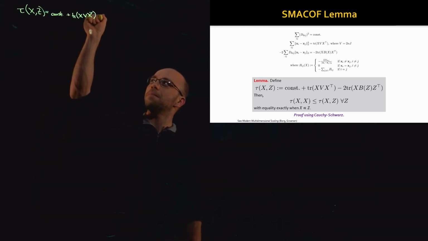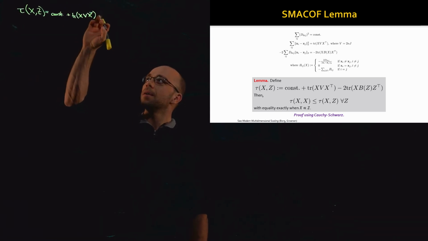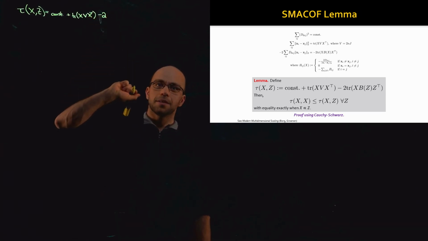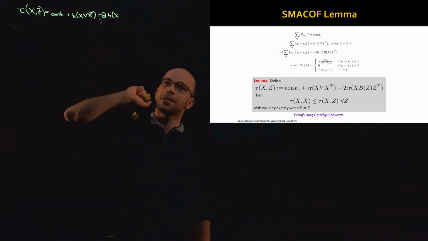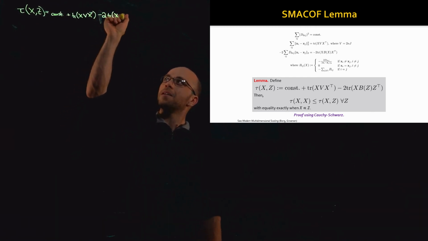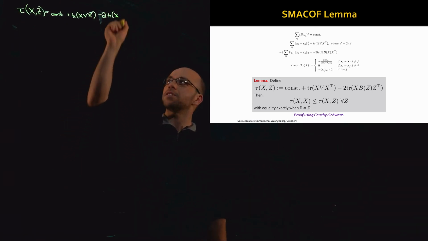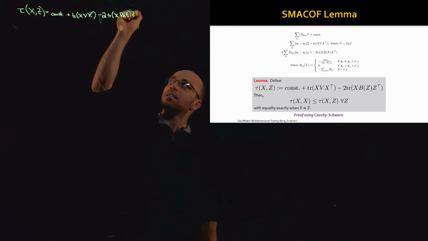But now we're going to do something a little bit sneaky, which is we are going to subtract here minus 2 times the trace of X, but now rather than putting B of X, X transpose, that would give us our objective function, we're going to do B of Z, Z transpose.